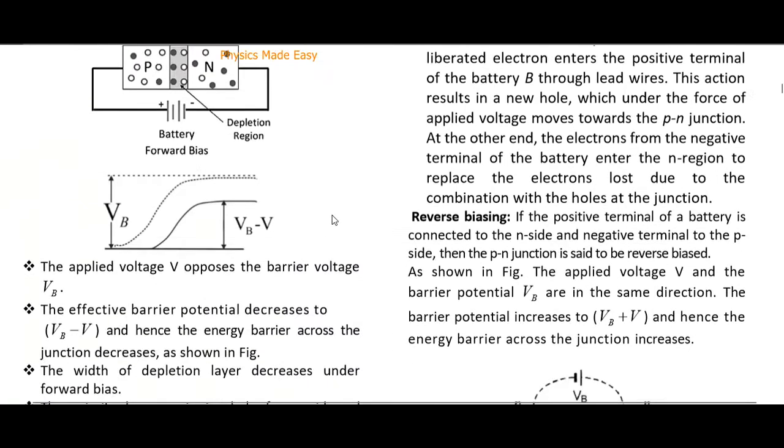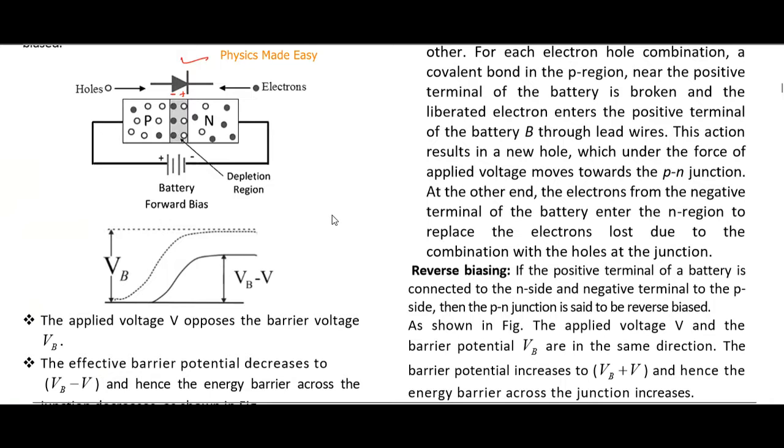Now, this decreases the potential barrier. Biasing voltage decreases if V is the biasing voltage. VB is the potential barrier before forward biasing.